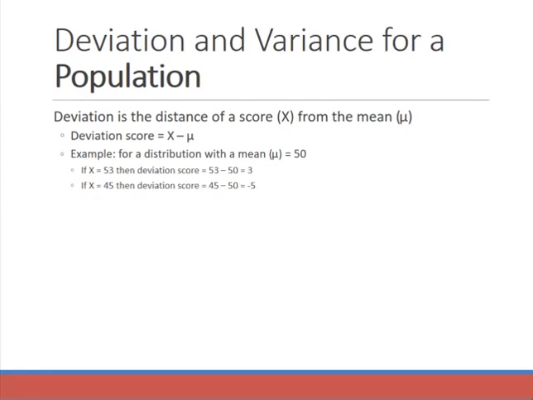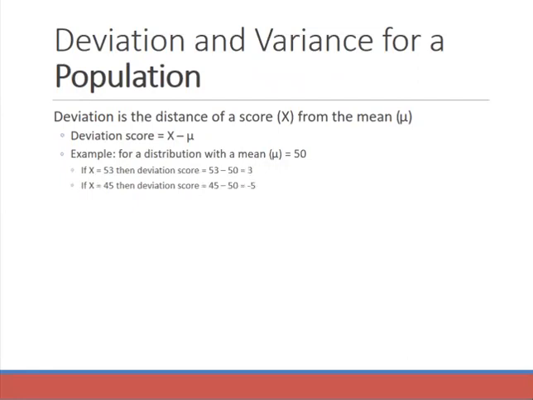If we have a population distribution with a mean of mu equals 50, and we have an X of 53, the deviation score for that specific score would be 53 minus 50, or 3. If we have a score of X equals 45, then the deviation score would be 45 minus the mean of 50, which is minus 5.